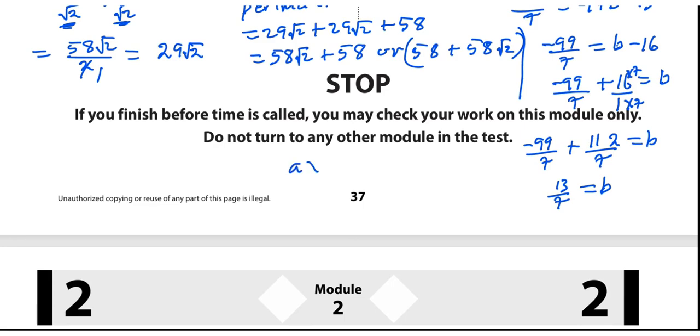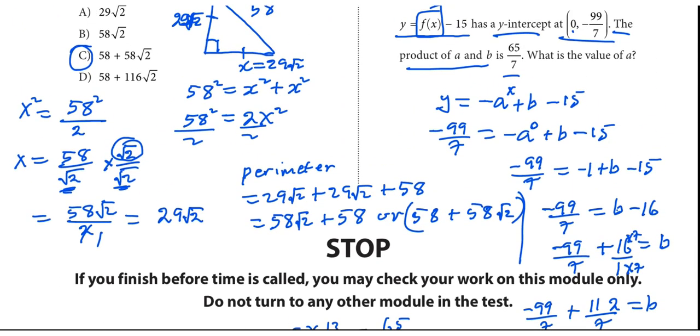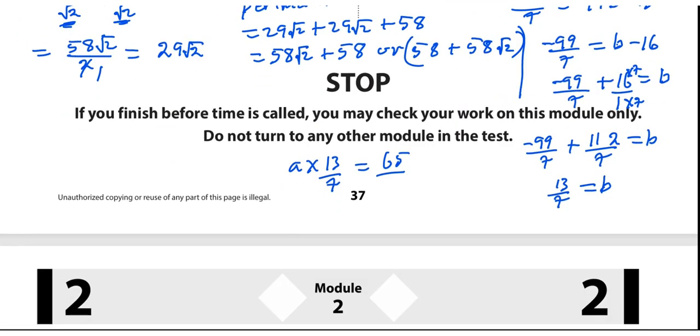So a times 13 over 7 is equal to 65 over 7.